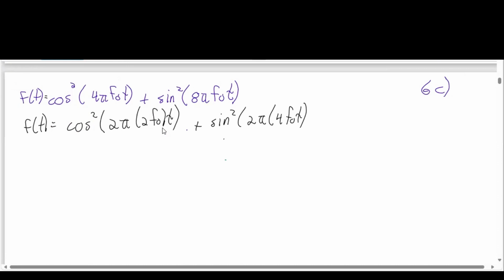So how you set up your compound angles, we'll be using the cos form of it.